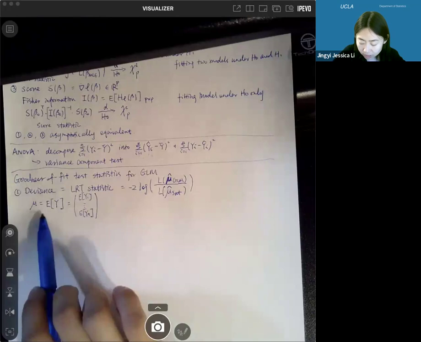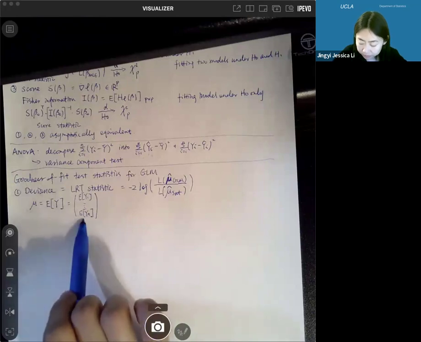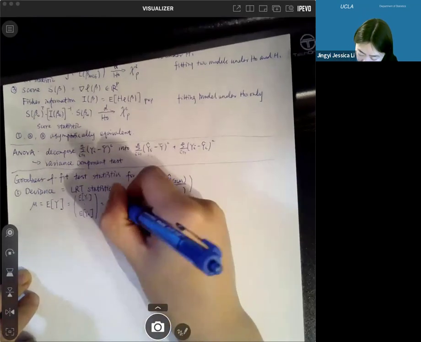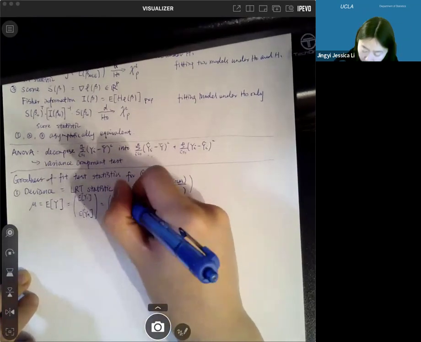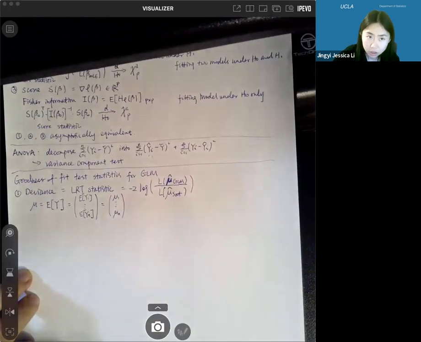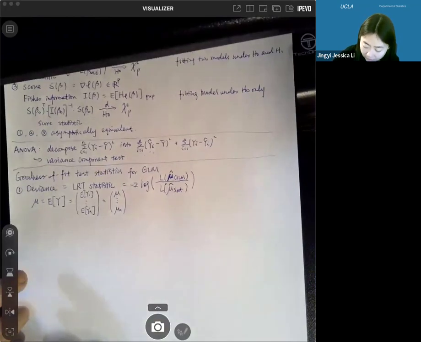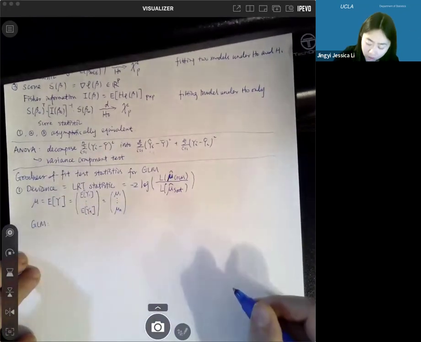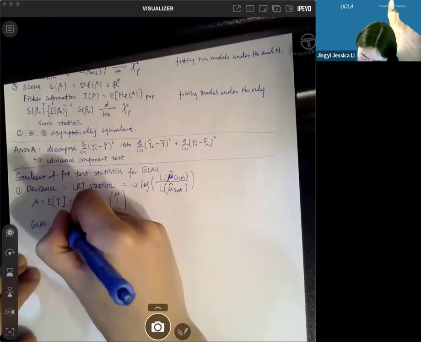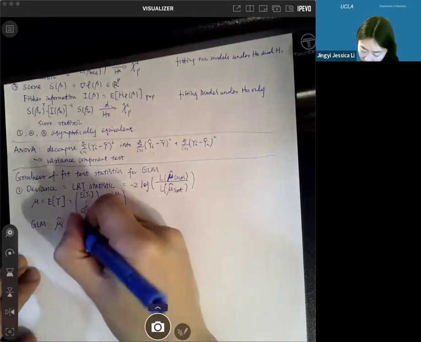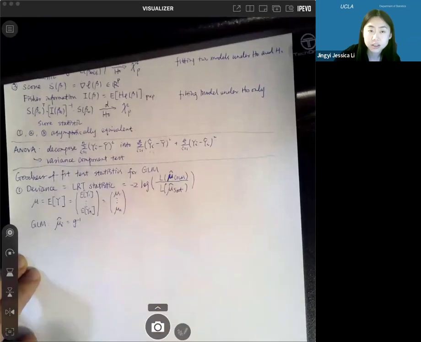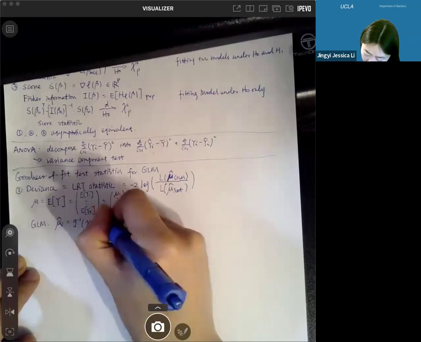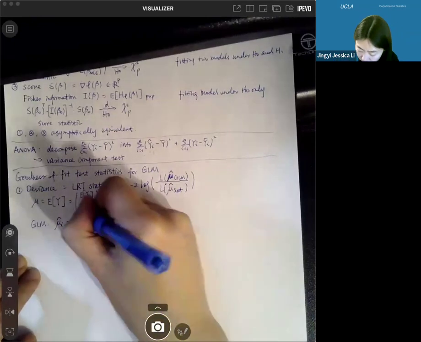But given this mu as an n-dimensional vector, we estimate it in two ways. So maybe we just write it as mu1 to mu_n. Write down the components. For GLM, what is mu_i? We estimate mu_i hat as the inverse of the link function of xi transpose beta hat.